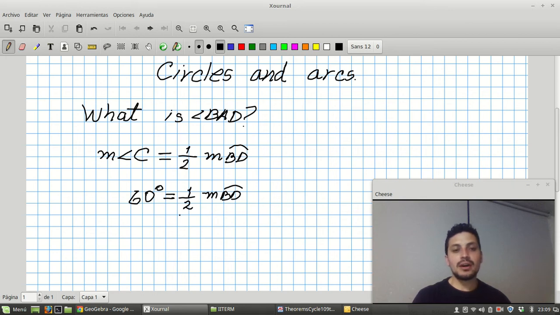So it means that the arc is just multiplying by 2. So 2 times 60, 120 degrees. If I multiply the equation by 2, it's going to be the measure of the arc BD.